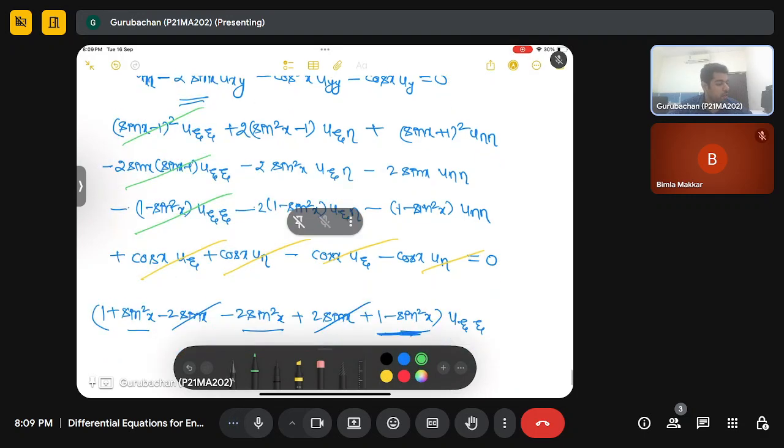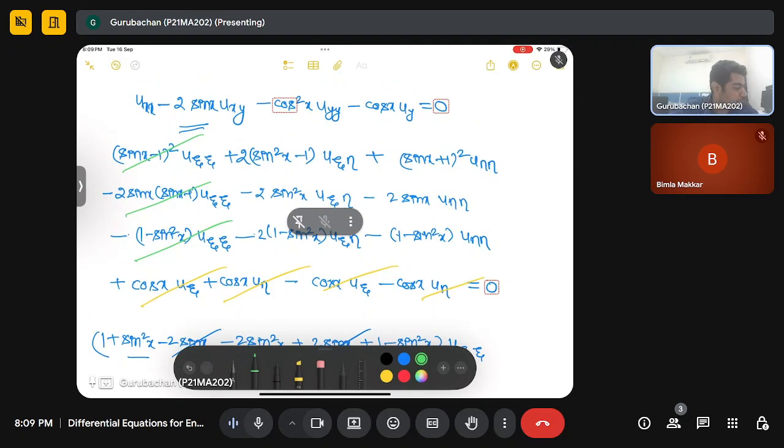Okay. Now if you see the last term, then sin square x and 2 sin x and minus 2 sin x will cancel out. This is 1, here will be minus 1, will cancel out, and here it is sin square x, here it is 1 minus sin square x. So we have to think about what we can do here. So this is minus 2 sin x. From here you will get minus 2 sin x, 2 sin square x.